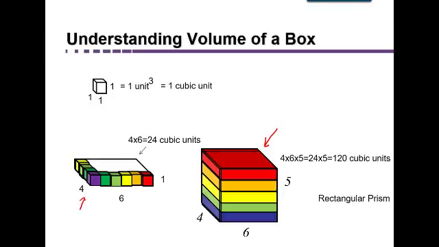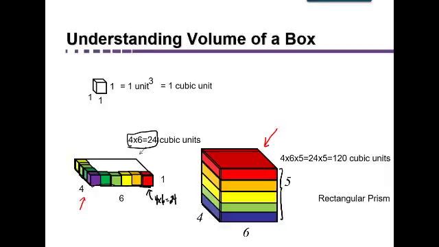And it turned out that in this 4 by 6 by 5 box, there were 4 times 6 equals 24 cubes filling the bottom layer, which happens to be the area of the base, right? The area of the bottom of this box would be 4 times 6 equals 24. And then we just multiplied that number times the thickness of the prism, because we have 5 of those layers. 5 times 24 gave us our total volume.